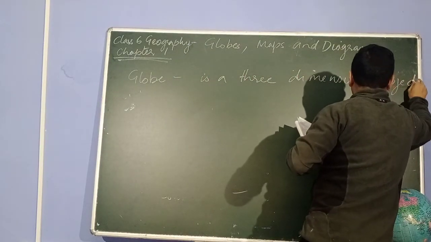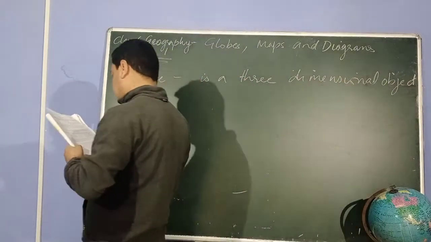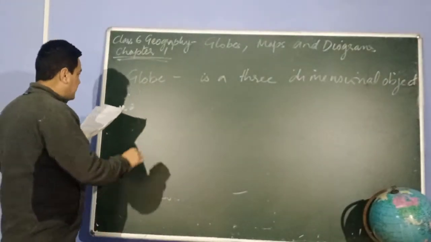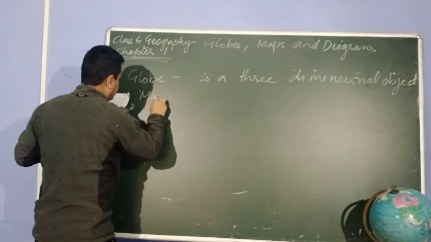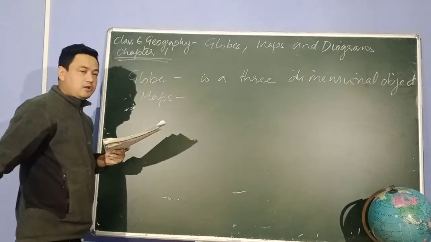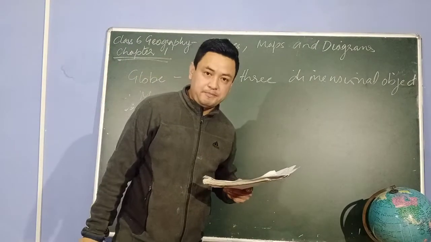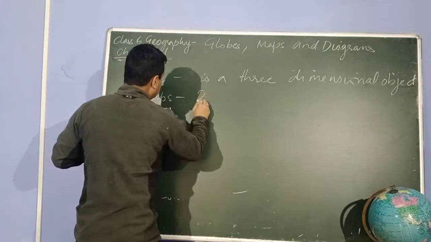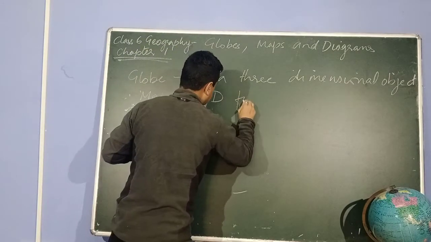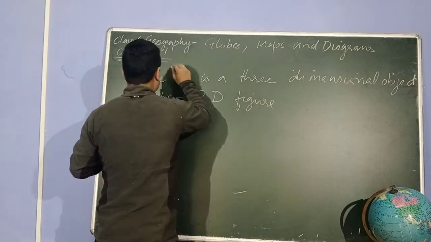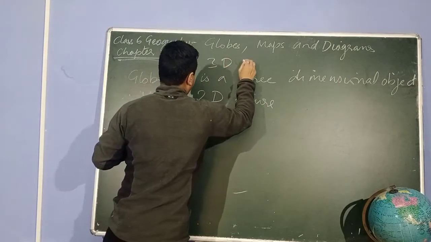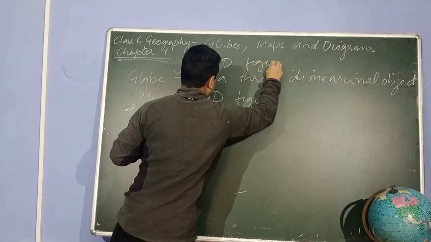Now, if you compare the globe with a map drawn on a flat surface, that is on a piece of paper, a map is a 2D figure, whereas a globe is a 3D object or figure.